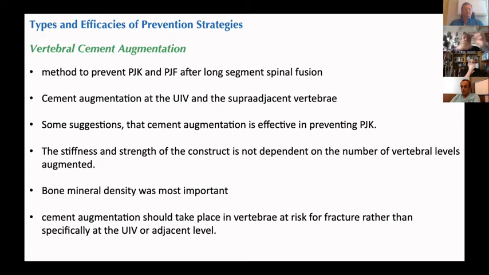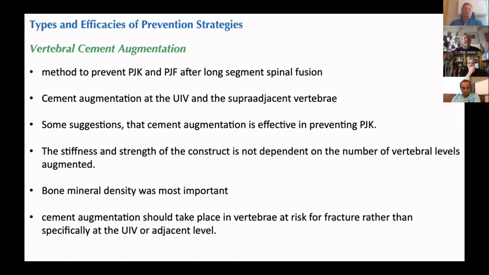There is this discussion always about the vertebral cement augmentation. That means that you augment the last vertebra of the instrumentation, the uppermost instrumented vertebra. It's always said you should enhance that with cement, and maybe you should also use cement in the vertebra above, in the non-instrumented, and in two above.